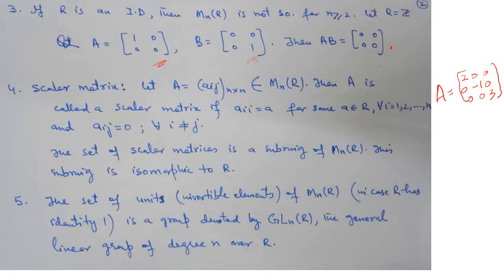The set of scalar matrices is a subring of M_n(R), and this is actually isomorphic to R. So if we denote the ring of scalar matrices as S, then S is isomorphic to R.